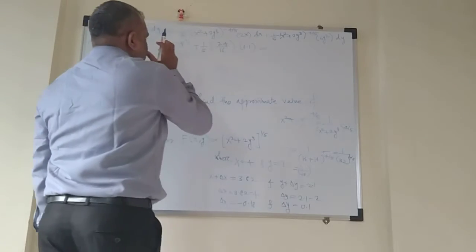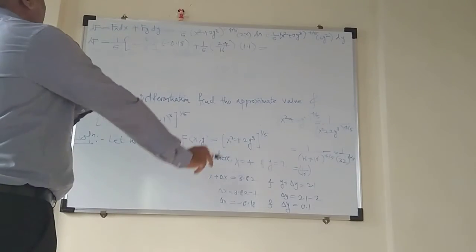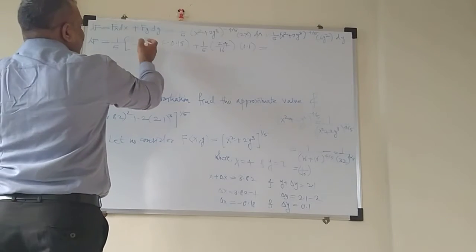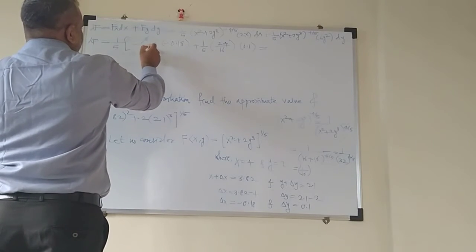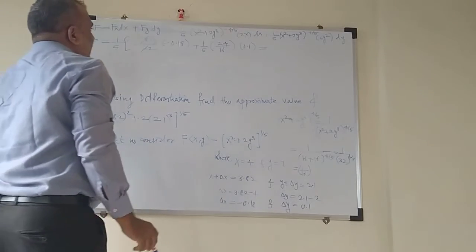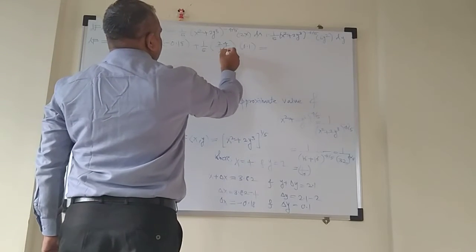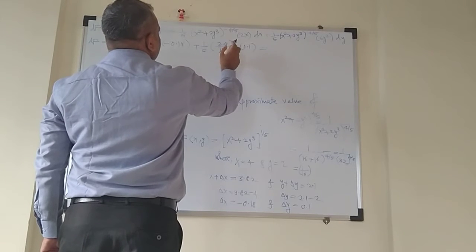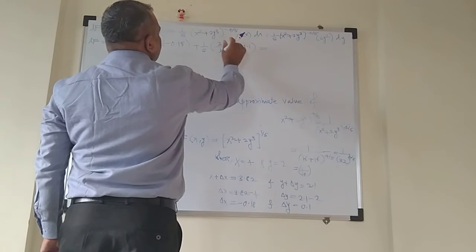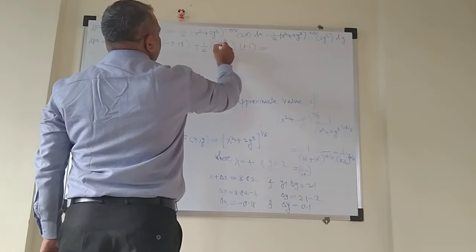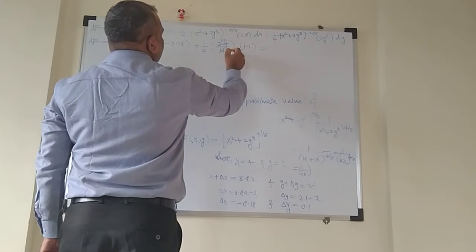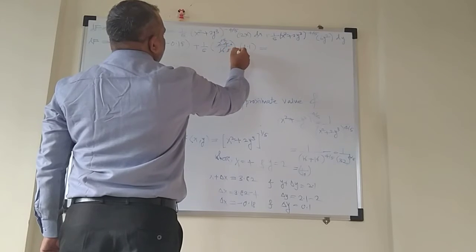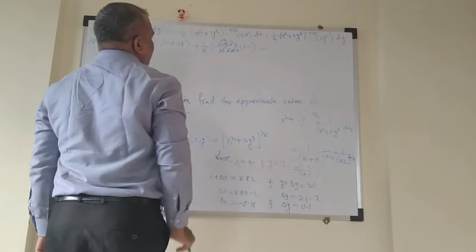You can simplify this first. So this will be a 2, and this will be 3 by 2.